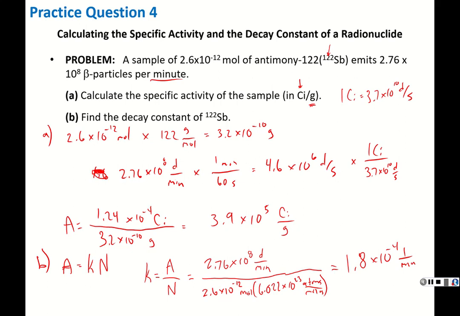Because your number of moles cancels, and atoms and disintegrations, in a sense, are the same thing. So you're getting a per minute because it's a first order reaction.